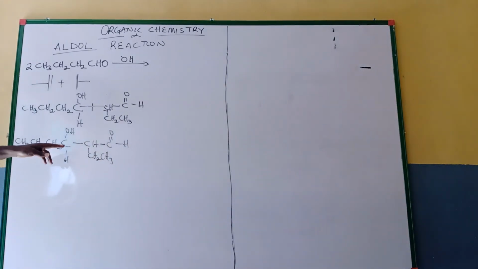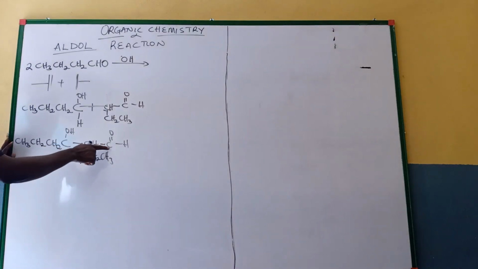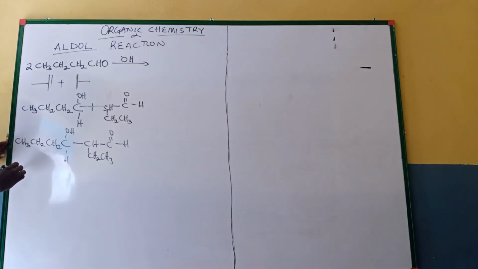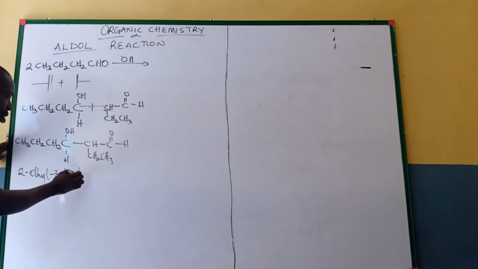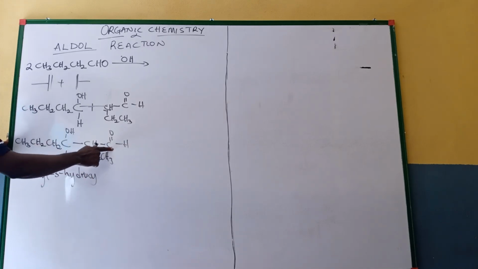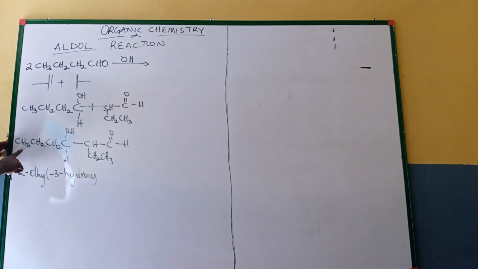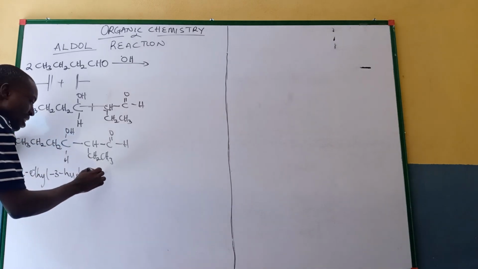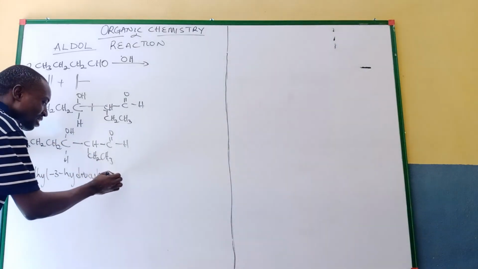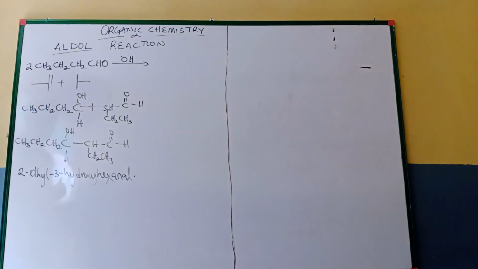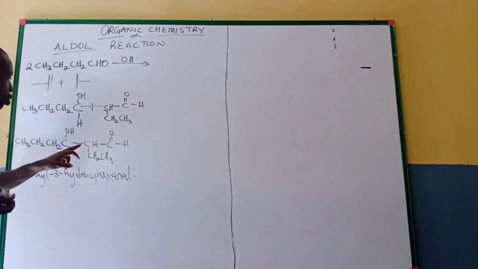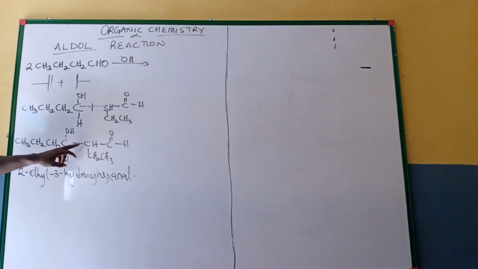So the product here now becomes 2-ethyl-3-hydroxyhexanal, counting 1, 2, 3, 4, 5, 6. And also remember that this one too can undergo a dehydration reaction.